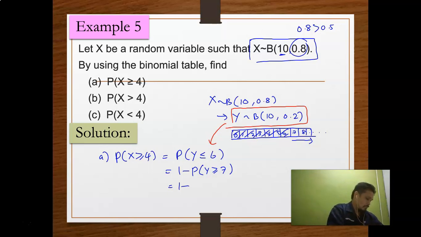Where do they intersect? 0.2 with 7 here is 0.0009. So it is 1 minus 0.0009, equal to 0.9991.